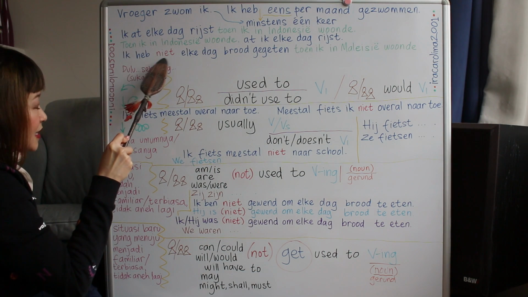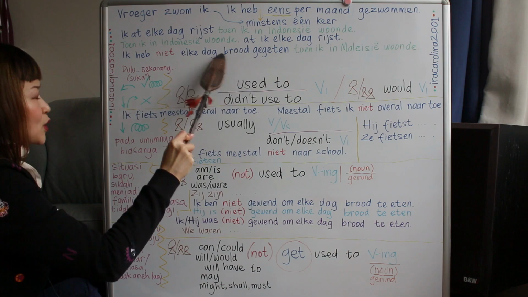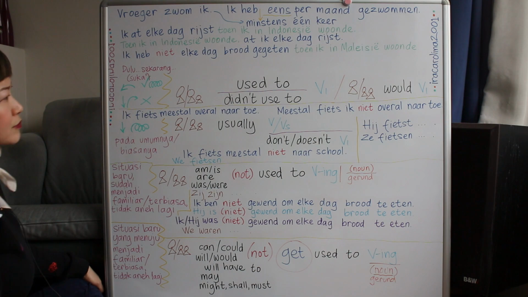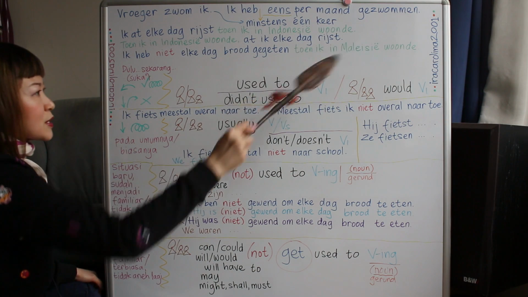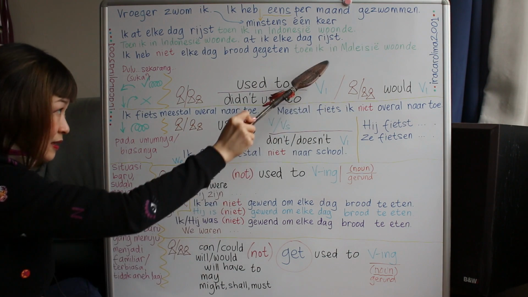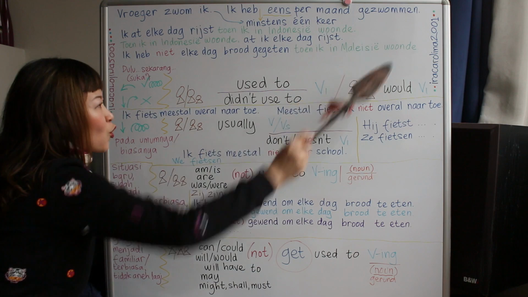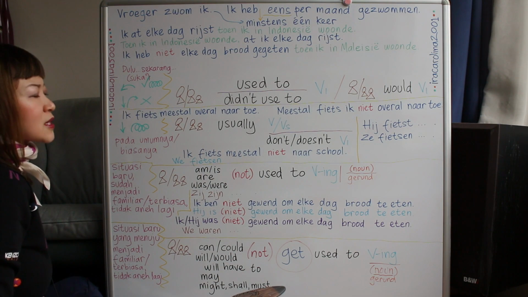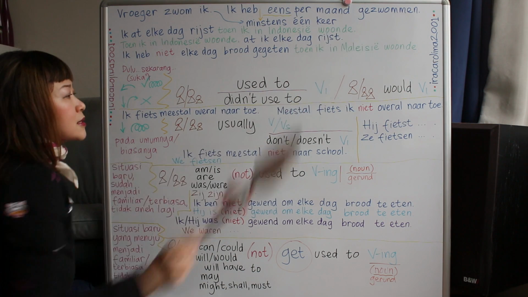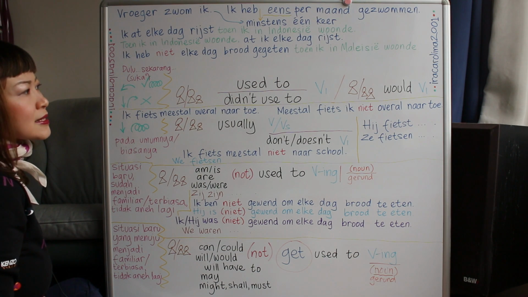Ik heb niet, not, elke dag, every day, brood, bread, gegeten, eaten. And then the time signal, toen, then or when or at that time, ik, I, in Malaysia, woonde, lived. It's from wonen, woont. The past for that woon or live is lived in English, in Dutch, woonde.